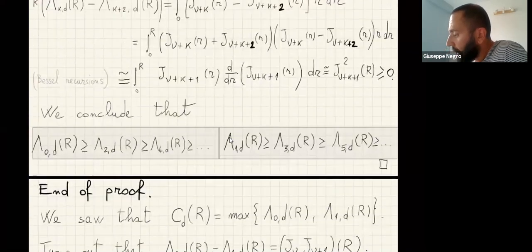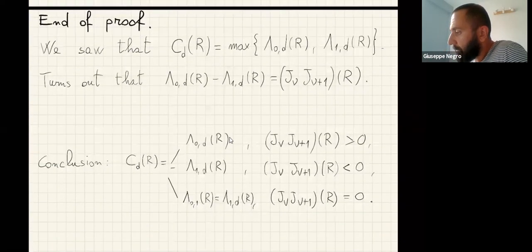And now we can finish the proof. We proved that this C sub d is the best constant, the object we want to compute. It's the maximum of two coefficients. And then there is a computation, but this is also easy.